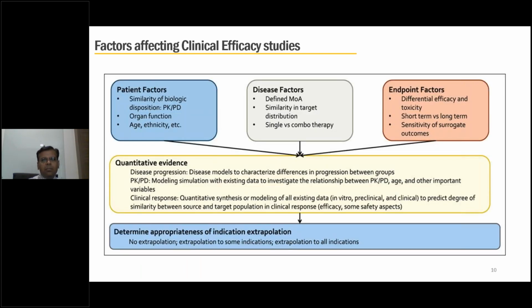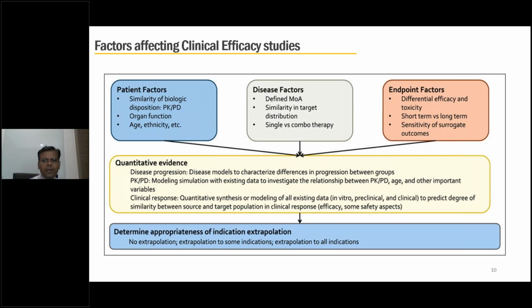As I mentioned, there are patient factors, like certain ages which you would like to restrict, or certain ethnicities which could affect the clinical efficacy studies.